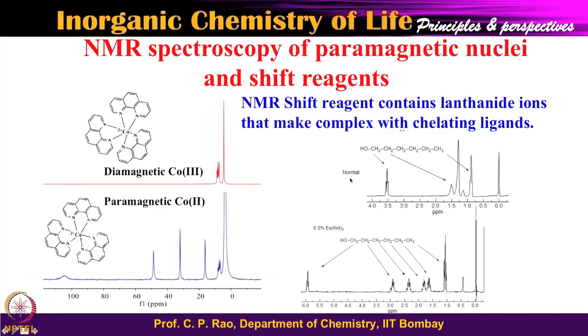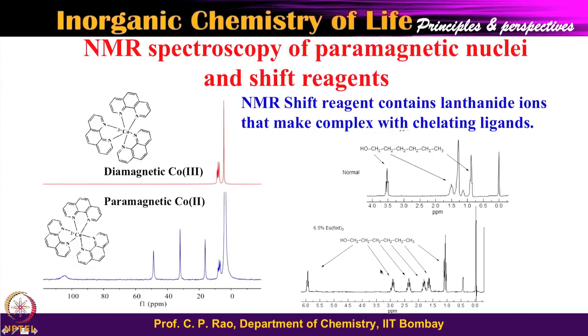But now if you add a paramagnetic reagent like a europium species, that europium species will bind, of course, at the alcohol position, and that will bring a contact shift on the first methylene, second methylene, third methylene, etc. The maximum will be in the first methylene, less in the second, third methylene, and so on. You can see that this kind of contact shift will resolve all the CH2 groups that are buried under this particular envelope.